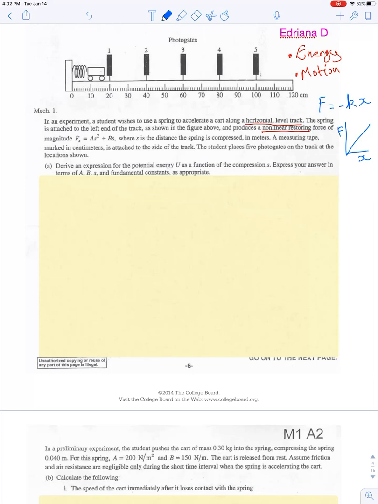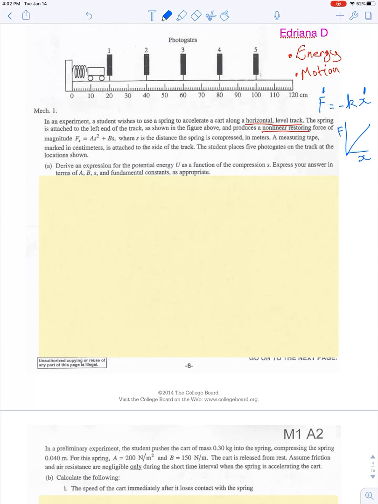That's what linear means: a one-to-one relationship, a power of 1 here and a power of 1 here. So if you look here, they said that F(s) equals As squared plus Bs, which simply means that F isn't directly proportional to s, or x, if you're confused about that.